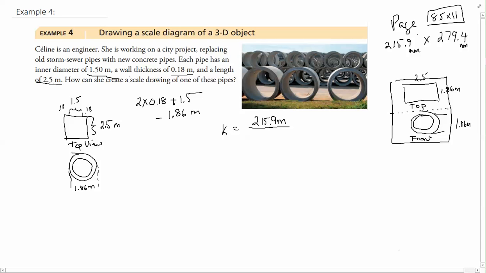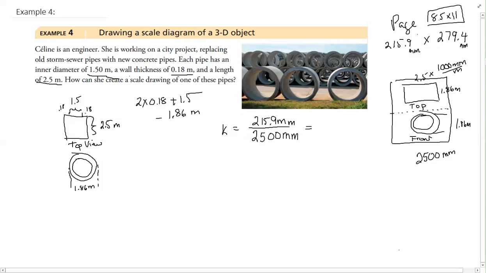If we're going to put the 2.5 this way, we have to turn that into millimeters, and we know that there are 1,000 millimeters in a meter. So I'm multiplying 2.5 by 1,000, and that gives me 2,500 millimeters. So I put that over top this way, 2,500 millimeters to get K.